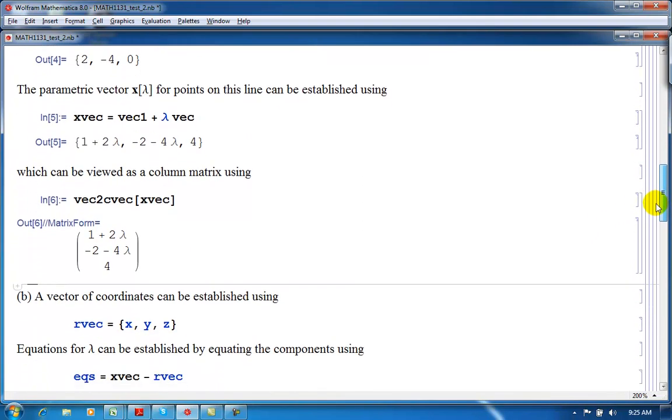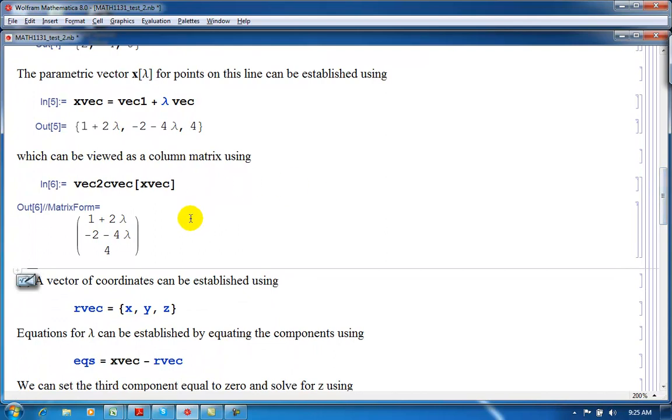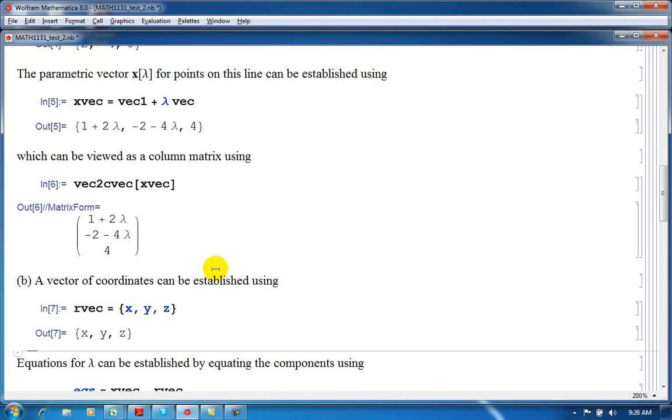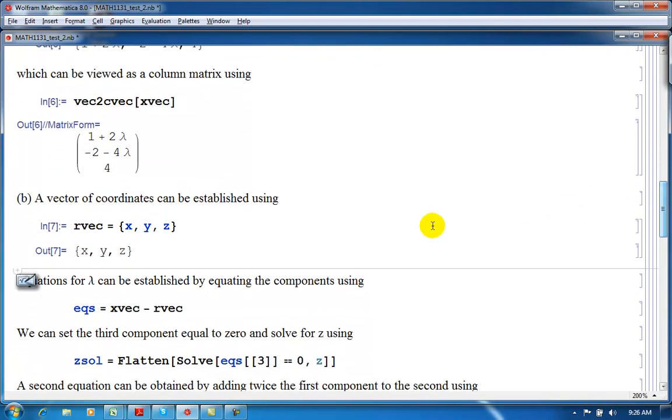And now we want to find the Cartesian form, so we set up the components of a vector of Cartesian coordinates x, y, z using that, and we get some equations for lambda.